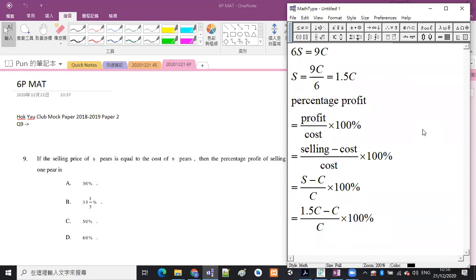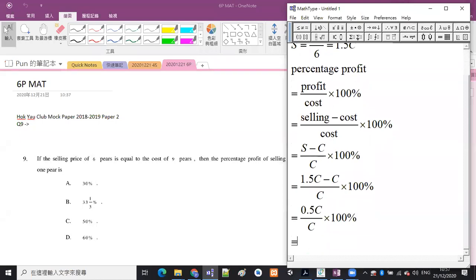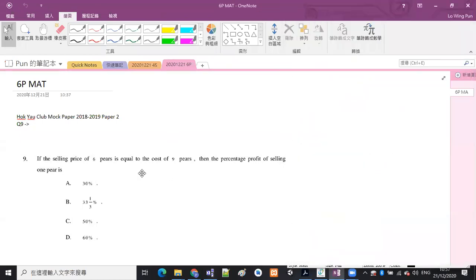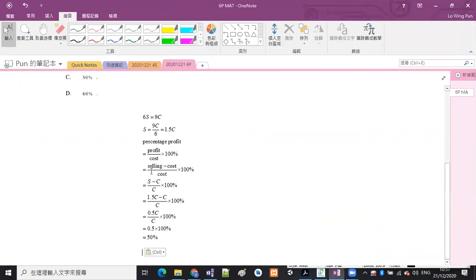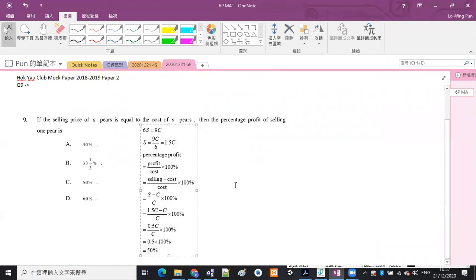And then 1.5C and minus C are like terms, so they can be calculated. It should be 0.5C over C times 100%. So finally, the C and C will be cancelled. 0.5 times 100% should be 50%. That is the percentage profit. So the answer is option C. Can you get this?